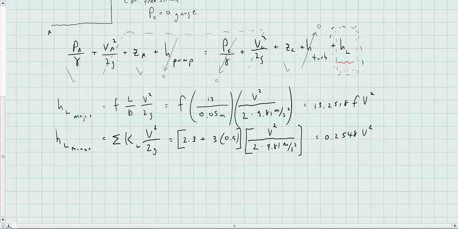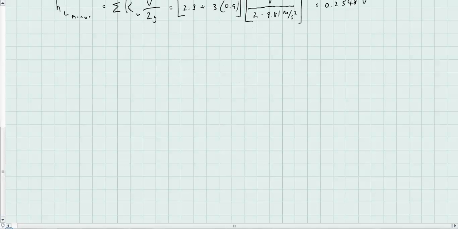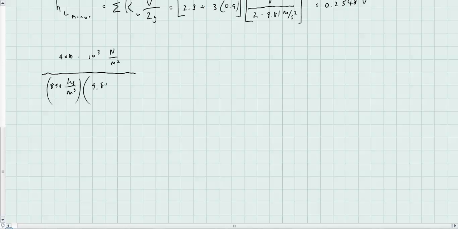If we substitute into the energy equation, we can write it in the following way. For PA, we can write the 400. It is in kPa, so we've got times 10 to the third newtons per meter squared over the rho of the oil, 890 kilograms per meter cubed, times g, 9.81 meters per second squared.